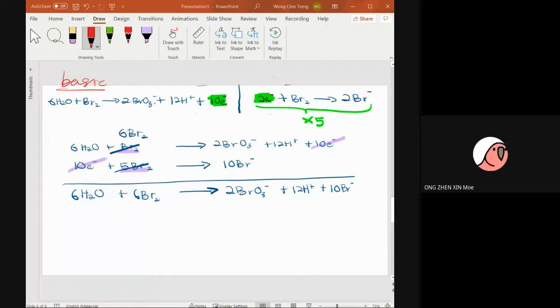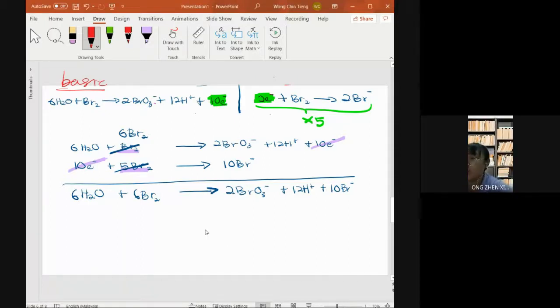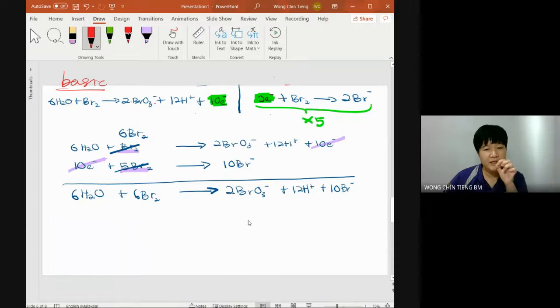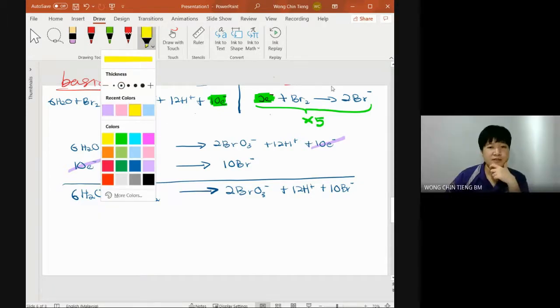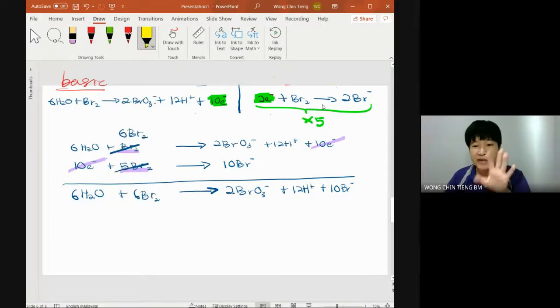Yes? Hydroxide ion to both side of equation. Add how many OH minus ion for this type? 12. 12. Senang gila. Tak payah fikir pun.